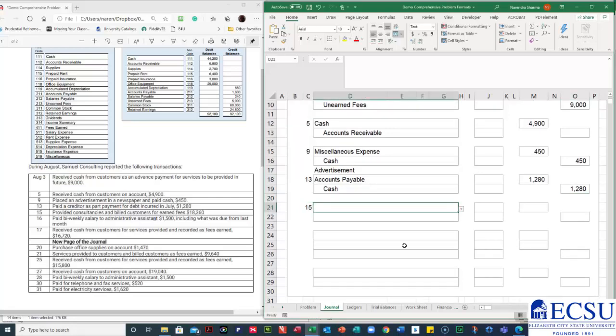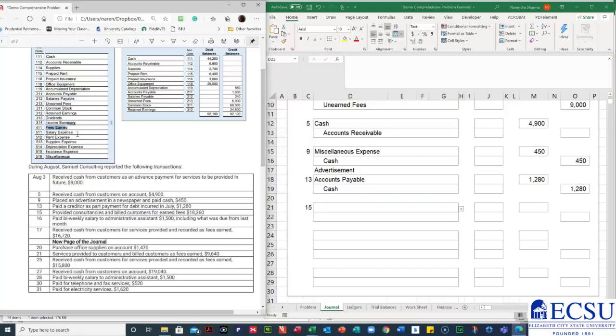Now, on August 15, it says provided consultancies and billed customers for earned fees. So you have earned the fees. Whenever you earn the fees, let's go up and see the chart of account. There is fees earned, so that's the account I'm going to use. And it says bill the customer. It doesn't say I've received the money.